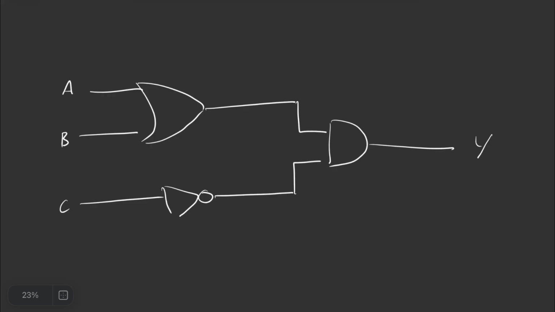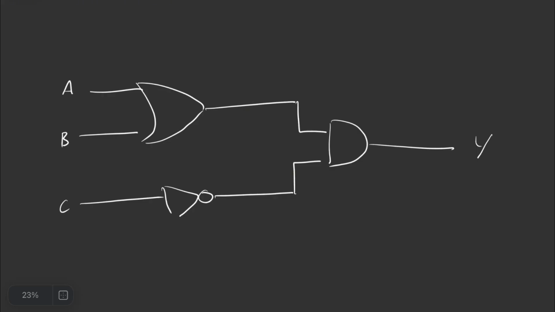For this combined circuit, we have 3 inputs. I am going to go over those 3 inputs, go over what gates they go into, go over what the Boolean expression is for the output of this circuit, and then we're going to construct the truth table, and I will work through some questions.